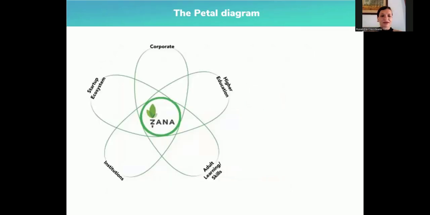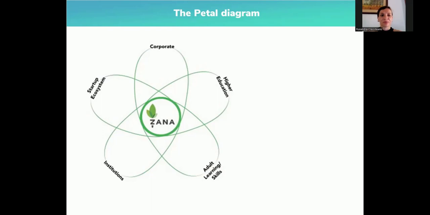So Steve Blank analyzes Zana, which is a lifelong learning network for entrepreneurs, and he shows how they present their competition in a petal diagram. And each petal represents one market sector in which they operate.